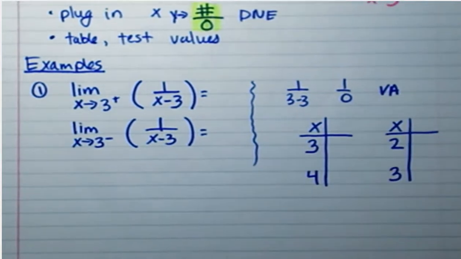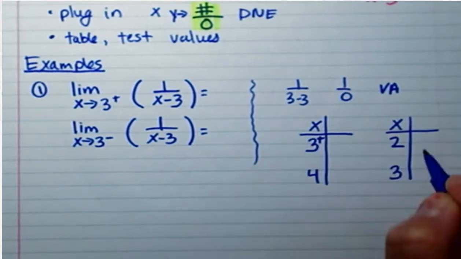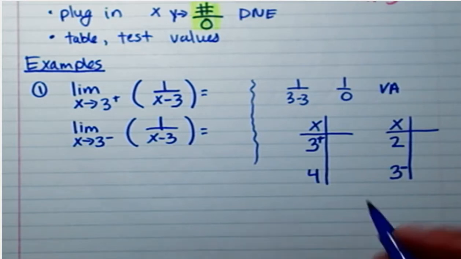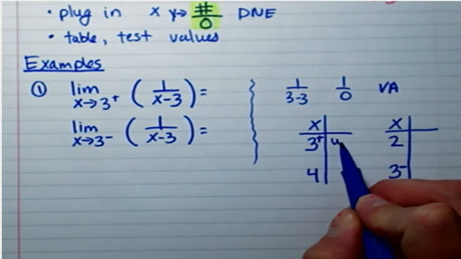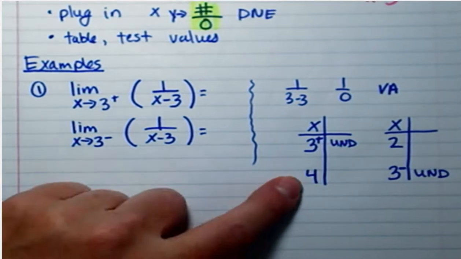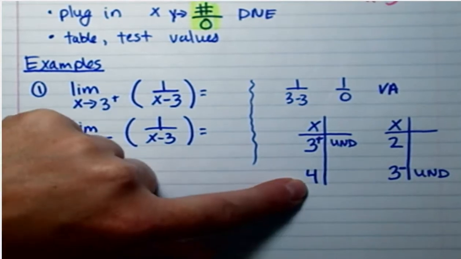One of these tables is for the right of 3. One of them is for the left of 3. 3 to the right and 3 to the left. I like the next integer because it helps me orient my numbers. Obviously, I get undefined here. I can't plug in 3. It doesn't work.